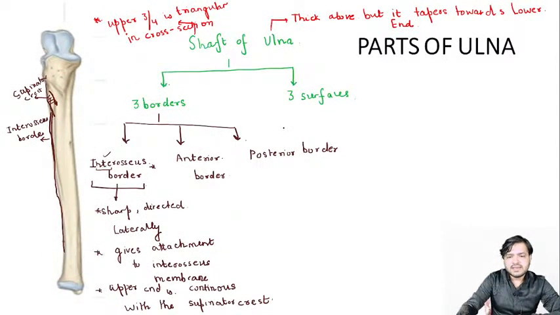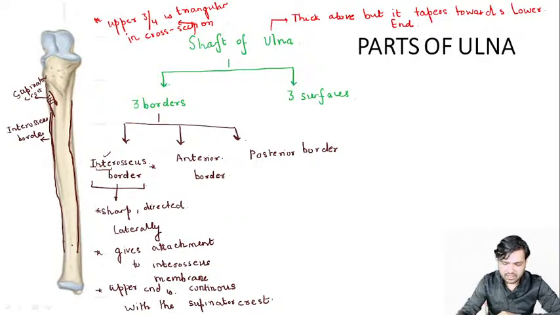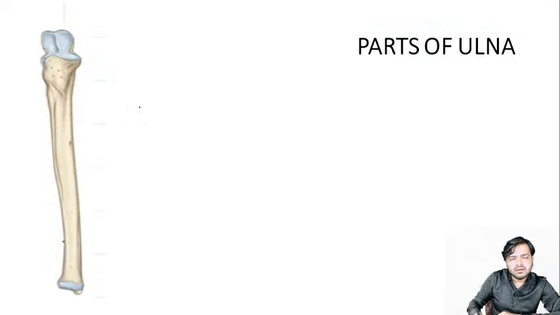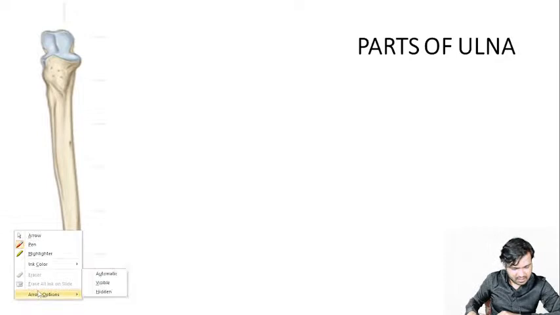Now coming on to the anterior border. Anterior border, guys, remember that anterior border, it is over here. I will write it over here. Write down anterior border. Interosseous है Pavan, very good beta.